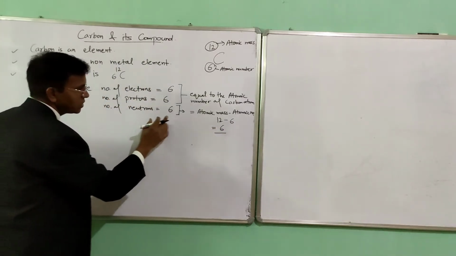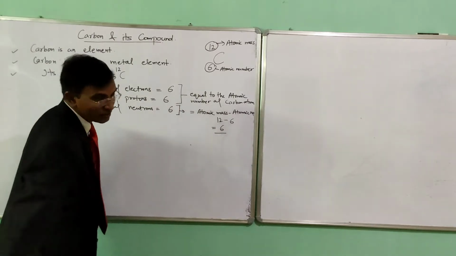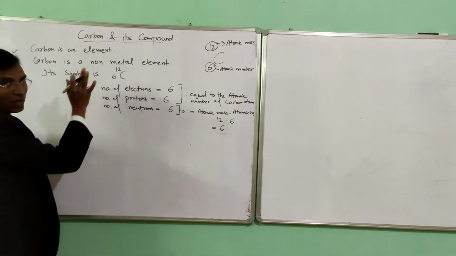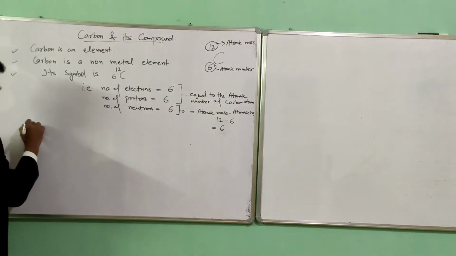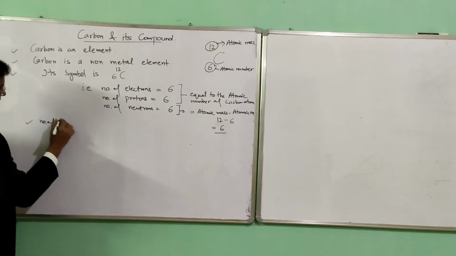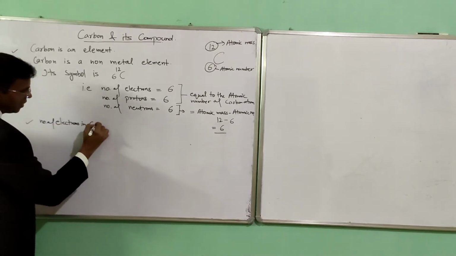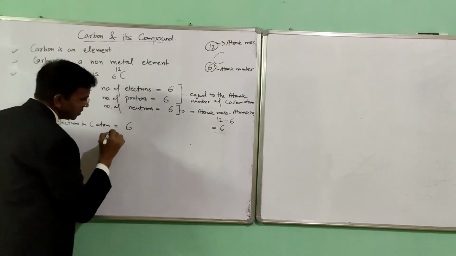So the number of neutrons is equal to 6. This is the method. Now for this 6C12, the number of electrons is equal to 6. So I am going to write here the number of electrons in the carbon atom is equal to 6.